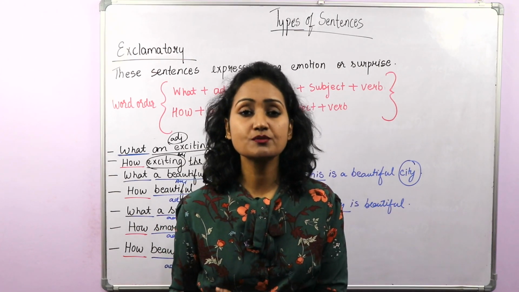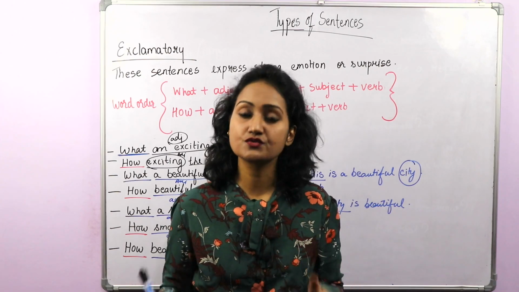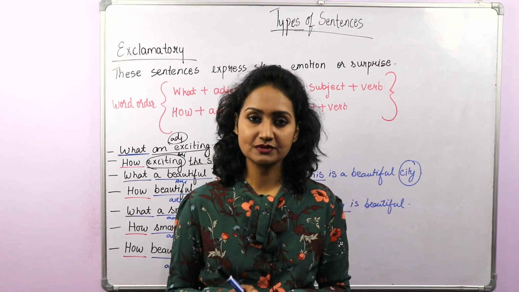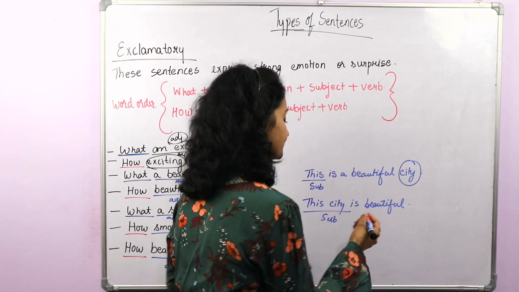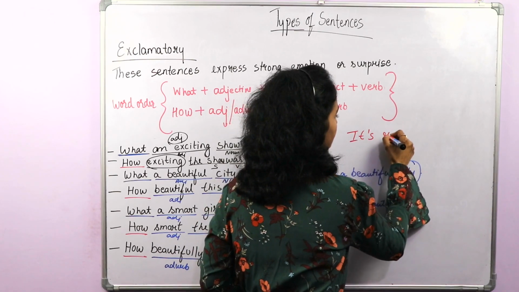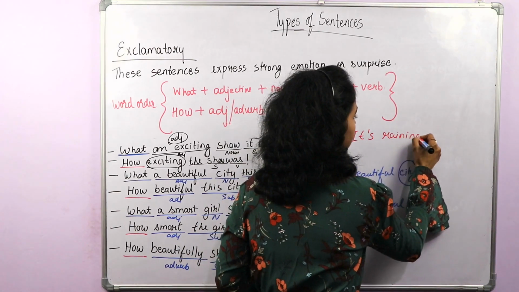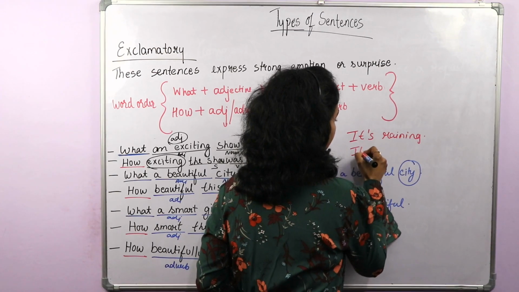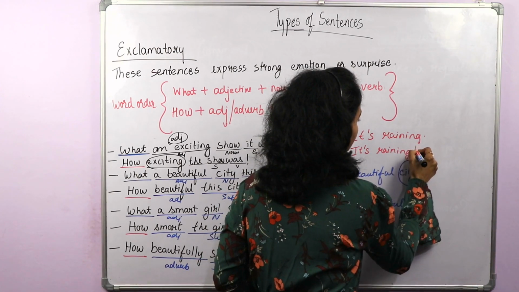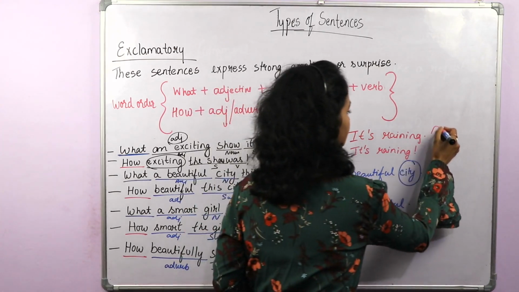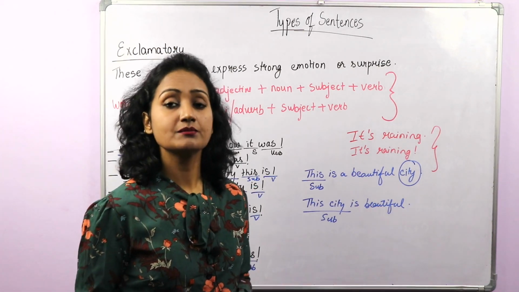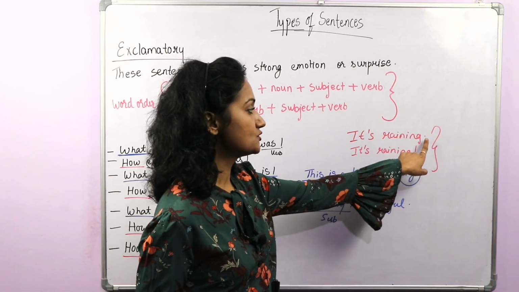But that exclamation mark in the end makes a big difference in how the reader interprets the sentence. For example, if I say, it's raining. Okay, and it's raining! Okay, so these are the same sentences, they look the same, but the only difference is punctuation in the end.